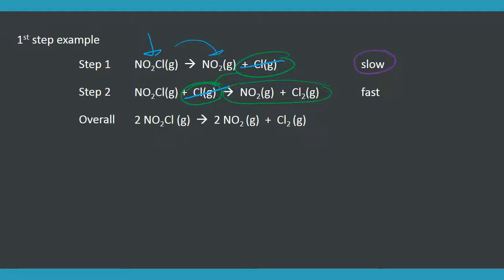Therefore, the whole rate of this reaction resides on the ability to decompose NO2Cl. Therefore, the rate expression is rate equals k times the concentration of NO2Cl. Please notice that it's a first order reaction because there is only one NO2Cl in the first slow step, and it does not matter that there was one in the second step, because that doesn't control the rate of the reaction. This is a unimolecular reaction then, and it's first order.